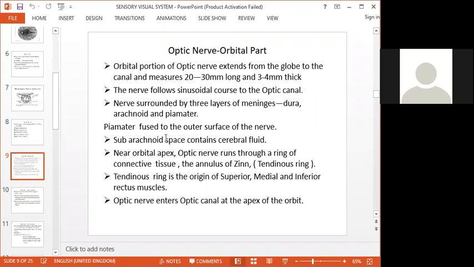A sinusoidal course simply means a zigzag, instead of a straight route, it bends. In other words, in terms of length, it allows for stretching because there are many curves, than if it went straight in.